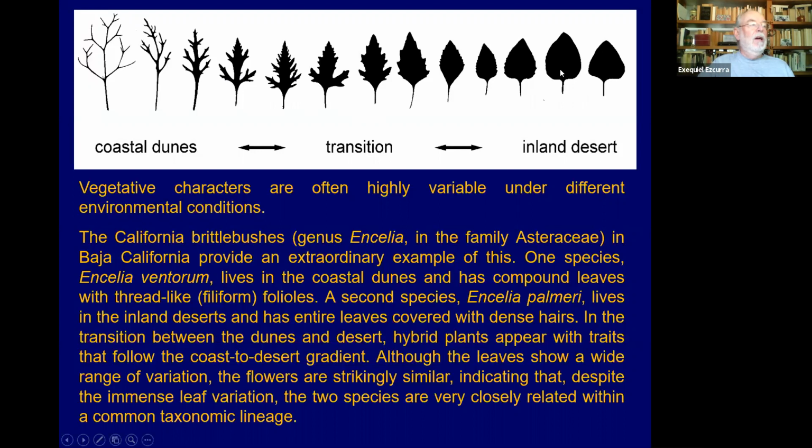Linnaeus was very quick to realize that some morphological characters could vary a lot according to the environment where the plants grew. Being himself a researcher in Scandinavia, having traveled in Europe, he realized, for example, that willows in the Arctic tundra are dwarf, grow very low above the ground and die off during the harsh Arctic winter.